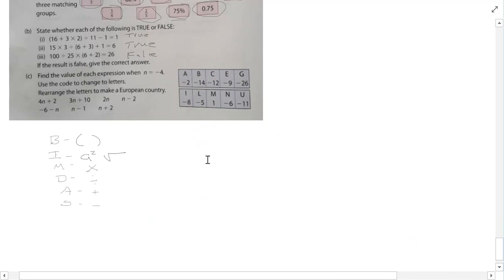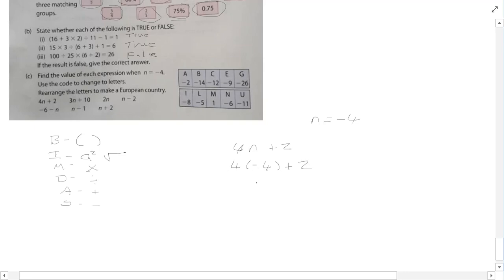Okay, so the first one then, you have 4n plus 2, and n is equal to -4. When you have 4n like this, that means 4 multiplied by n. So it's going to be 4 multiplied by -4 plus 2. Remember, this is plus 4 multiplied by -4.